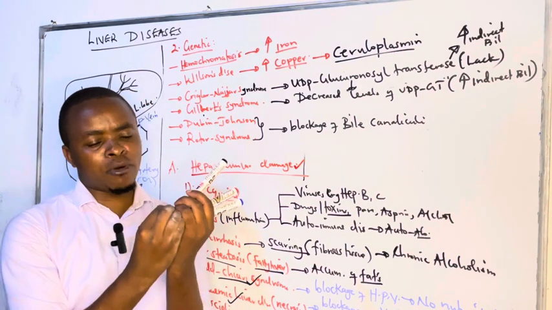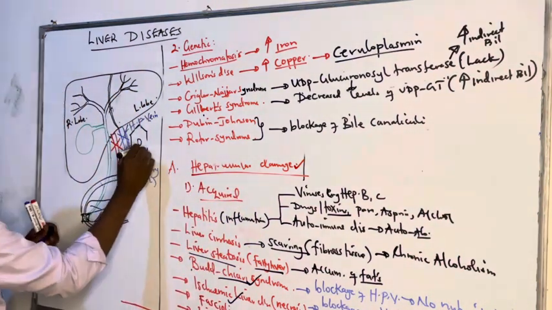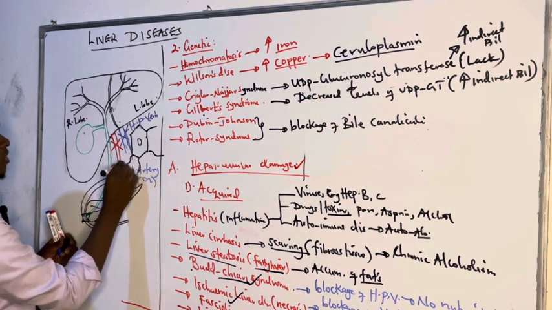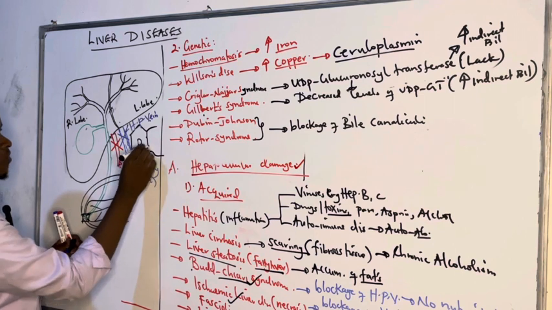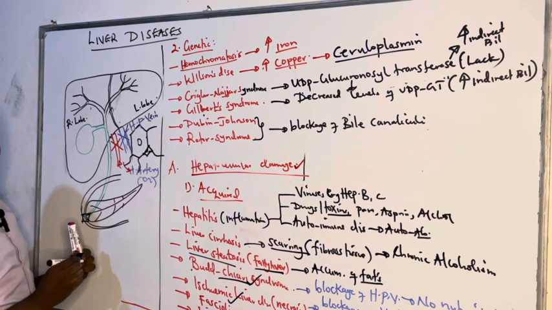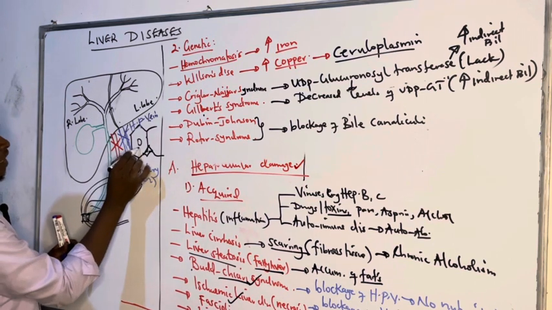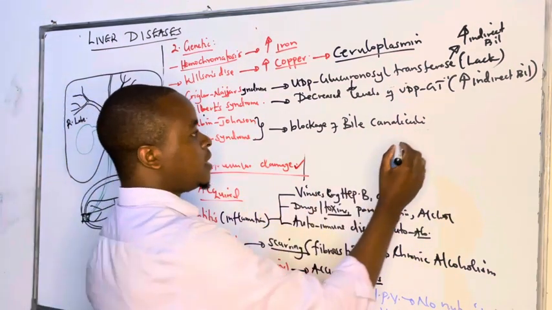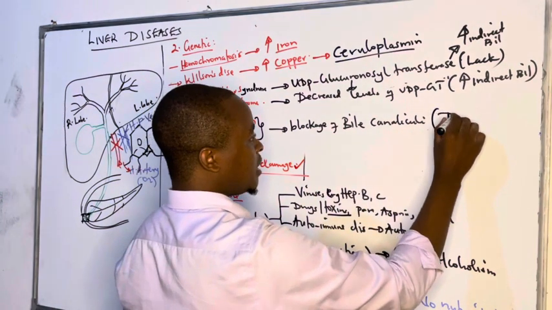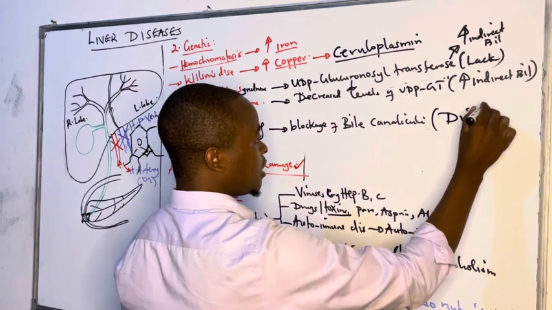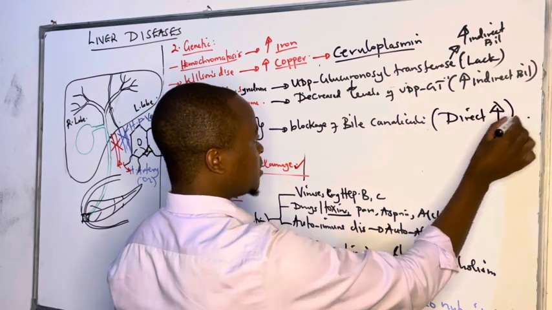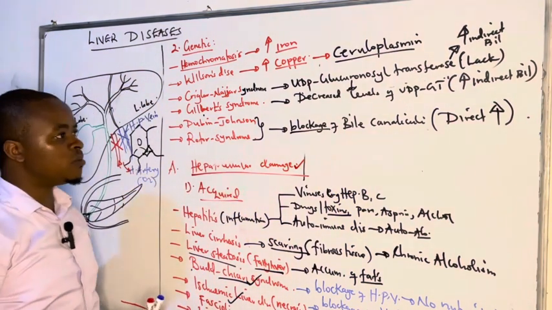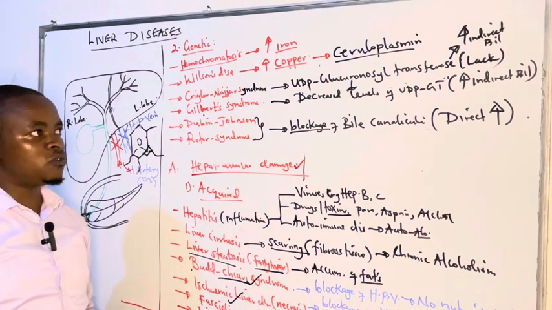So whenever there is a blockage at this point, after conjugating, bilirubin cannot move out. So the type of bilirubin elevated is the direct or conjugated type, due to the blockage. So this is Dubin-Johnson syndrome and Rotor syndrome.